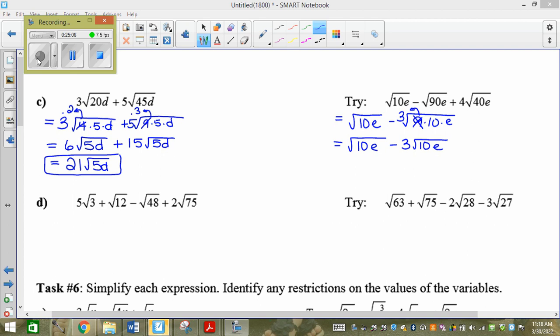And then the last one I can take out a 4 and a 10. The 4 comes out, it becomes a 2. And what do I do with these two numbers? Times them. So I get 8 root 10e. And so I have 1 minus 3 plus 8 is 6 root 10e.